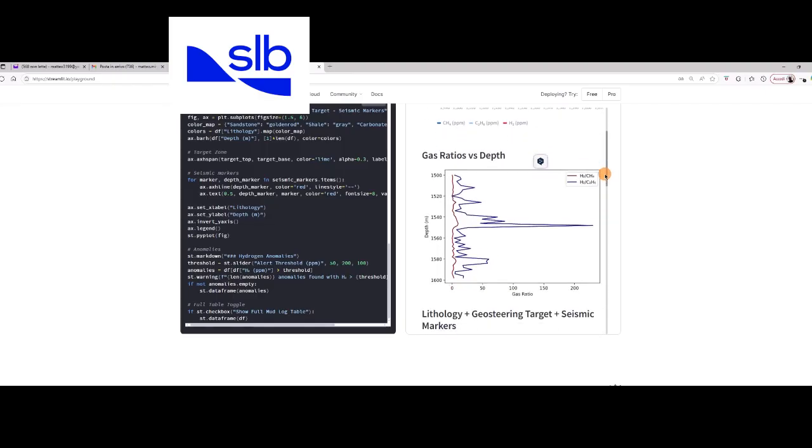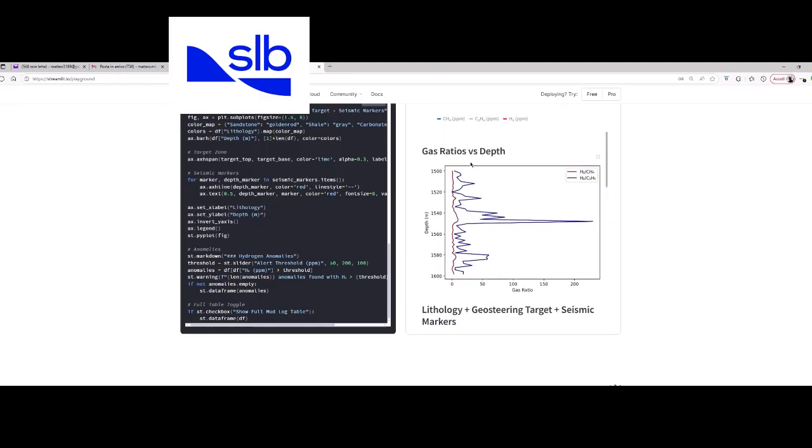Then we have the gas ratio, that means the ratio between hydrogen and other gases at each depth. You can see that there is just a constant ratio between hydrogen and methane.